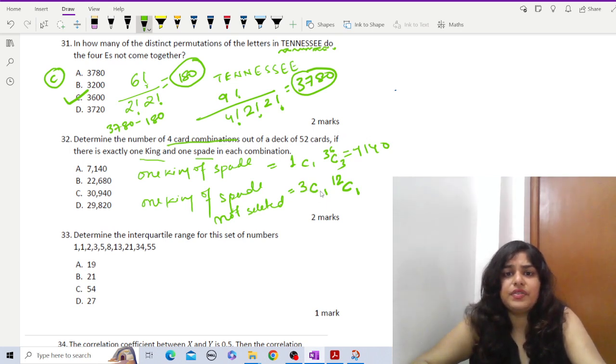And here if we have 3 of such cards, then we are going to select 1 from the deck of 12, right? So this is the combination of selecting the cards here. 1 is gone. Now we have 2 more cards to be selected from the remaining 36. So this is 3C1, 12C1 and 36C2.